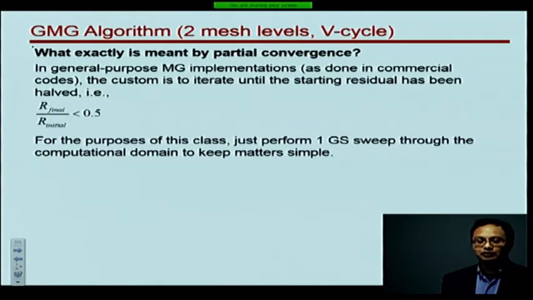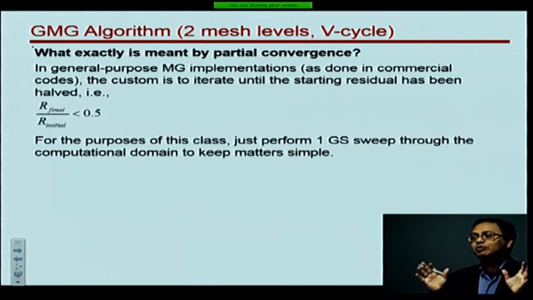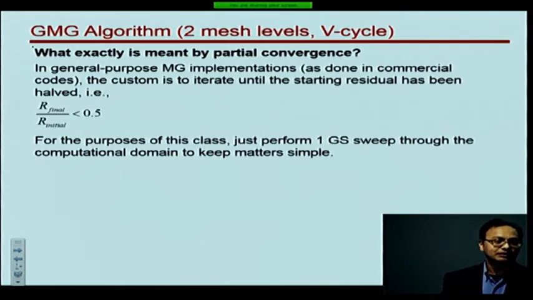You'll just be spending extra CPU time. So ultimately, you always have to remember, whatever you do, the iteration count is not important. What's important is how much overall CPU time I am taking. If I do 5 sweeps here, I'm doing a lot of calculations and spending time, but is it paying off in terms of the overall convergence? That's the question ultimately.